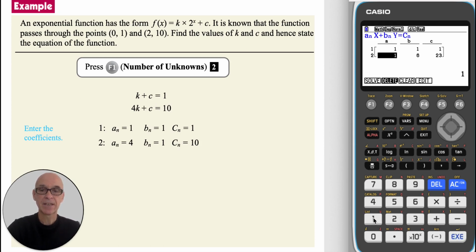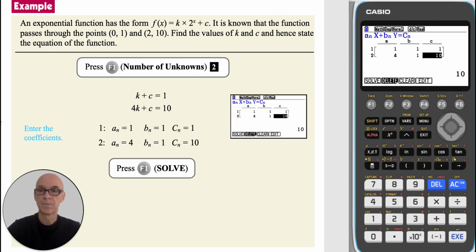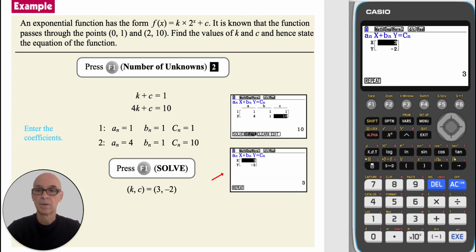And for the second equation, 4, 1, and 10. Pressing F1 to solve the equations gives the values of x and y, or k and c in our case. Then substituting these values back into the original function to give f of x is equal to 3 times 2 to the power of x, subtract 2.